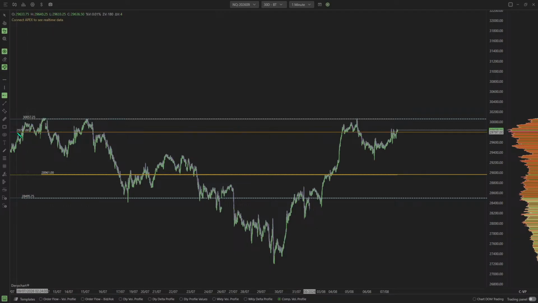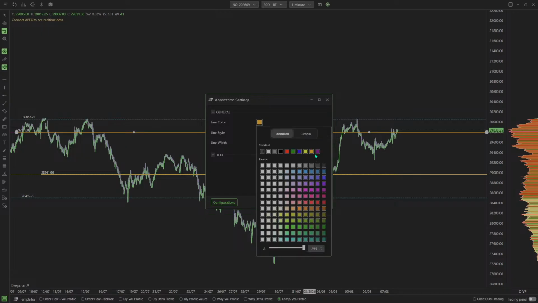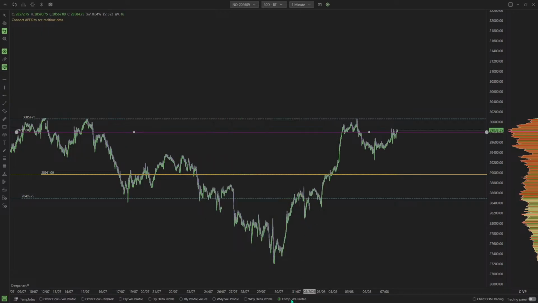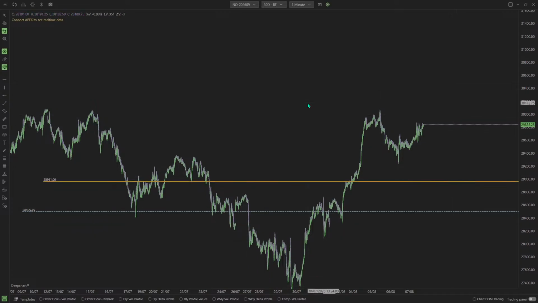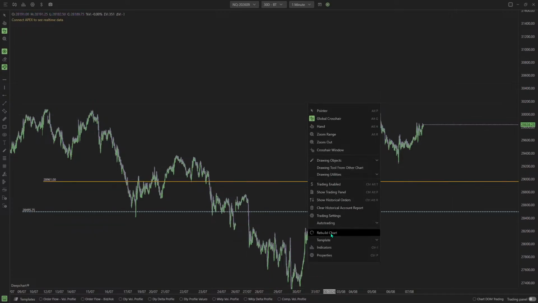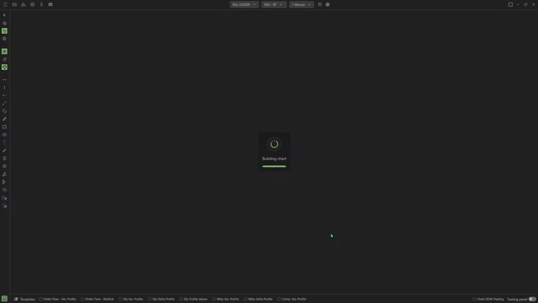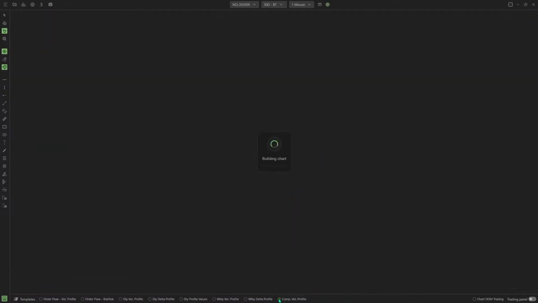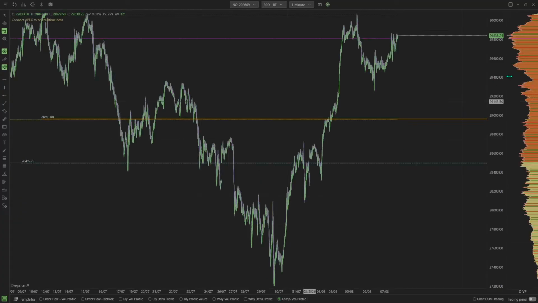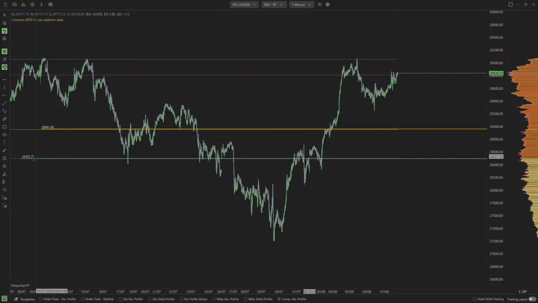And we have our point of control. We'll make purple. And then we can get rid of our composite profile. You see what I'm saying, man? That's some buggy stuff. Kind of annoying. Levels just disappear. Should never happen. That should never happen.